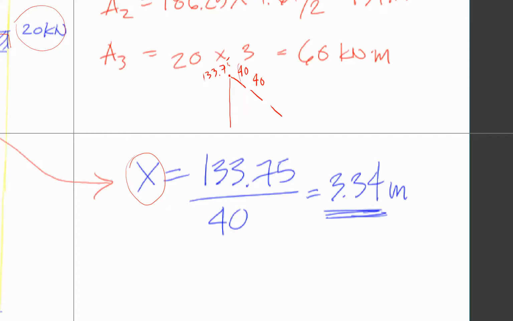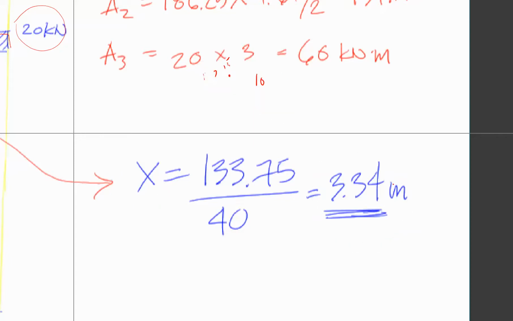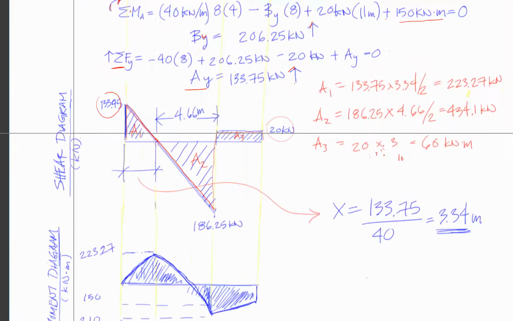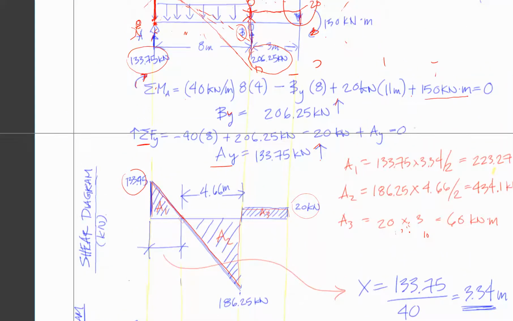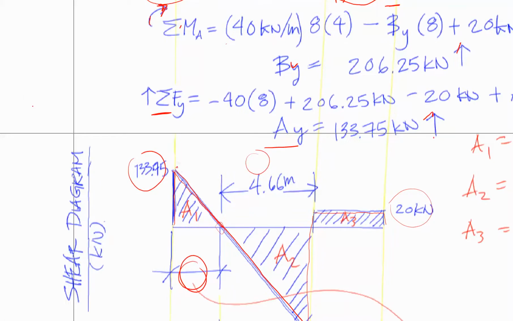So how many of these do I need in order to equate to 133.75? Well, that's 3.34. And so you've got to know where you're starting from. You do all those calculations, and it would be such a waste to put that value over here when it's really meant to be here, because you're starting from this point and going that way.